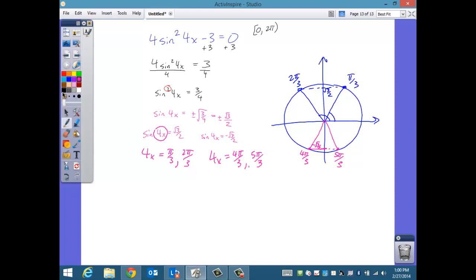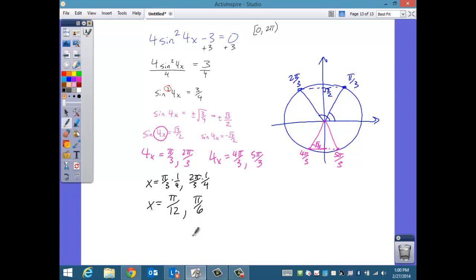Now, if we actually wanted to solve for x, which we do, we would divide by 4. Dividing by 4 is the same as multiplying by 1/4. So here I'm multiplying by 1/4, and look what I get: pi over 12, and I get 2 pi over 12, which is the same as pi over 6.